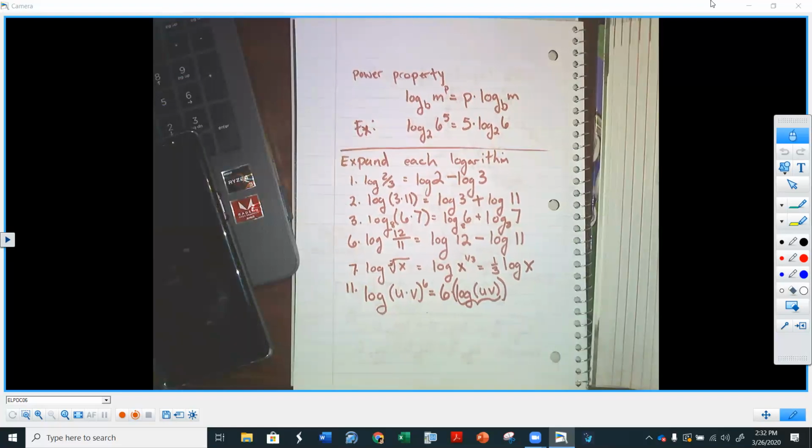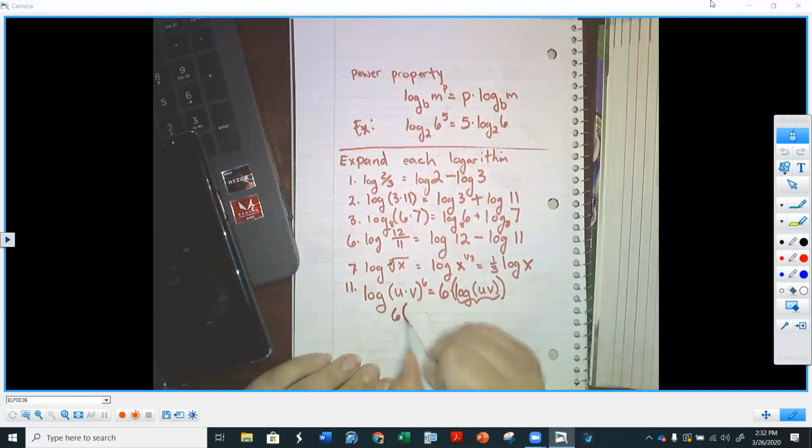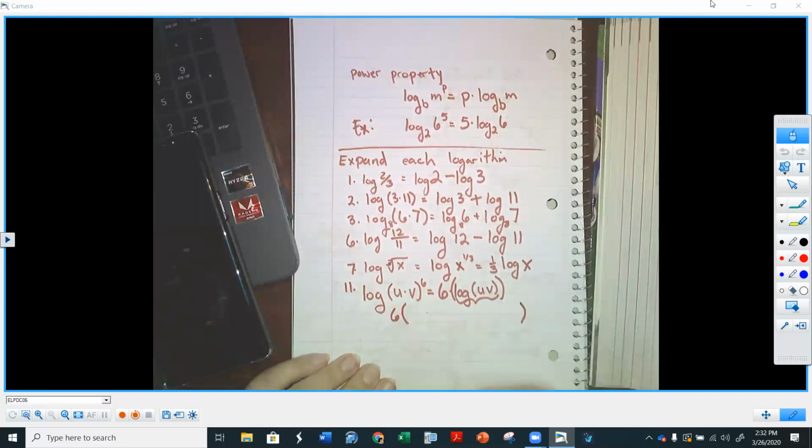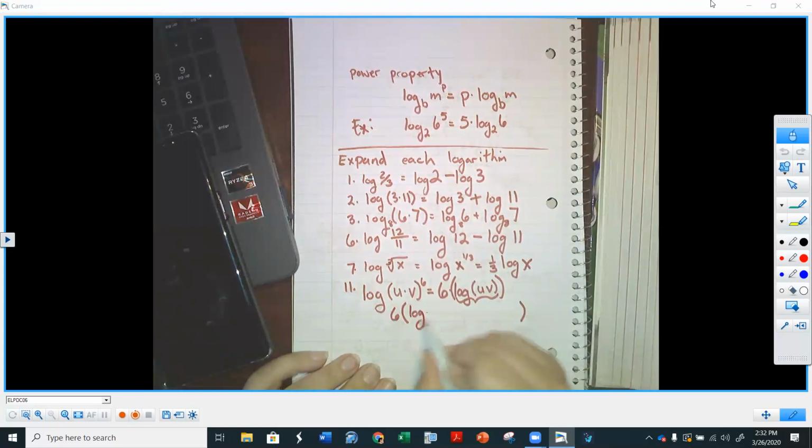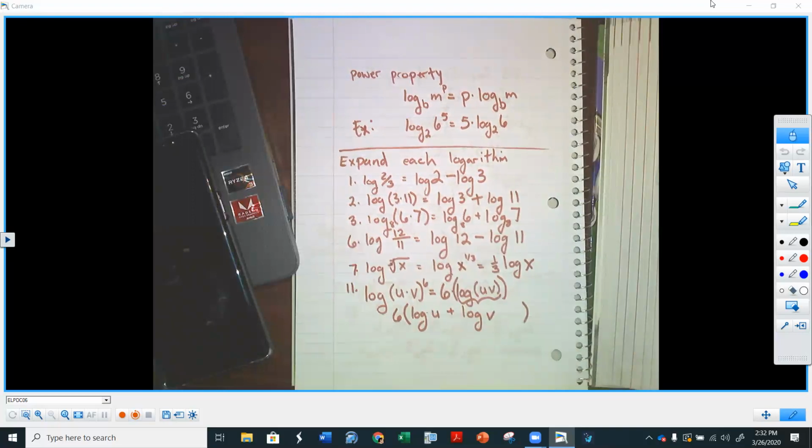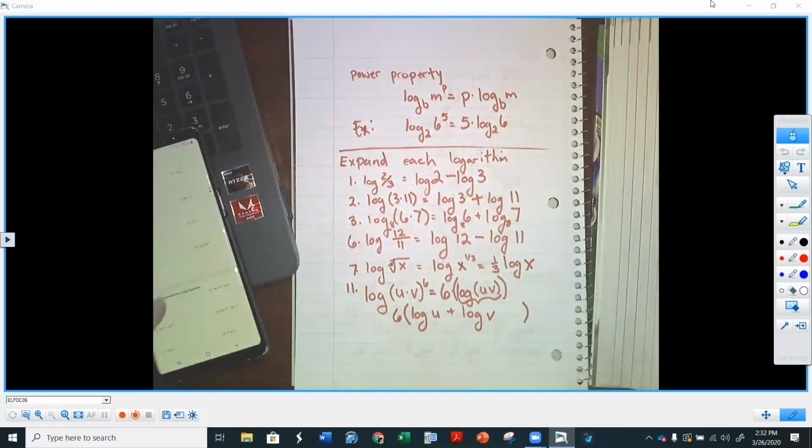So I have one more step to take. This 6 will stay out front and still get parentheses around it. So then I'll have log u plus log v. Okay, so that is it. That's where you end. Sometimes you just have to do more work than that. So that is an example.